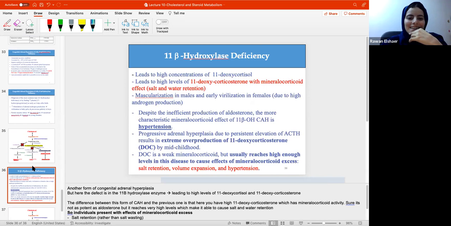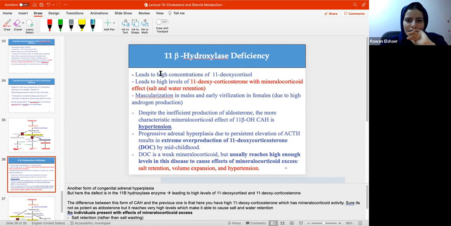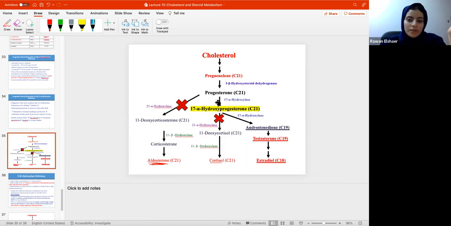Okay, no problem. So 11 beta hydroxylase, this is the slide he wrote. I think I added some of this stuff, I'm not sure, but you'll see. So you'll have 11-deoxycortisol. You'll have high levels of deoxycorticosterone, which, as I said, has a mineralocorticoid effect. You'll still have masculinization in males and early virilization in females, because you're still going to have androgen production, right?